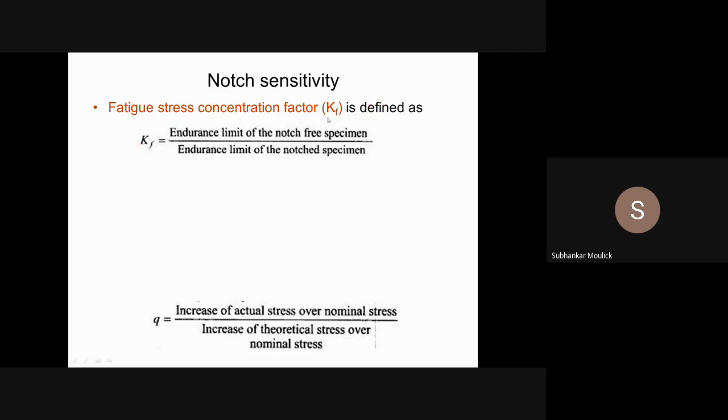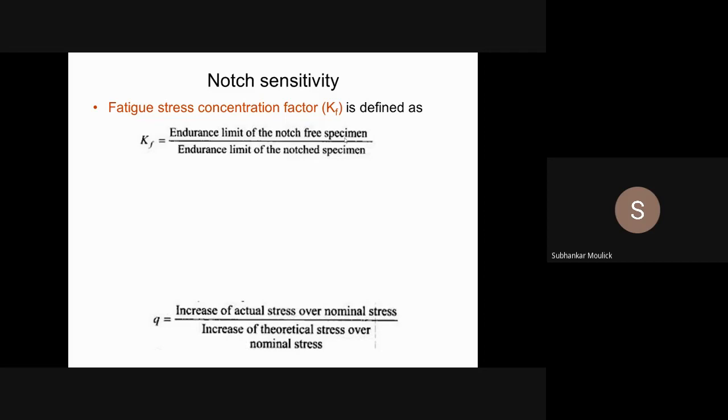Likewise, stress concentration factor, if I am having a component, if that component is undergoing fatigue, there will be one fatigue stress concentration factor, and that is defined as the ratio of endurance limit of notch free specimen divided by the endurance limit of notched specimen.